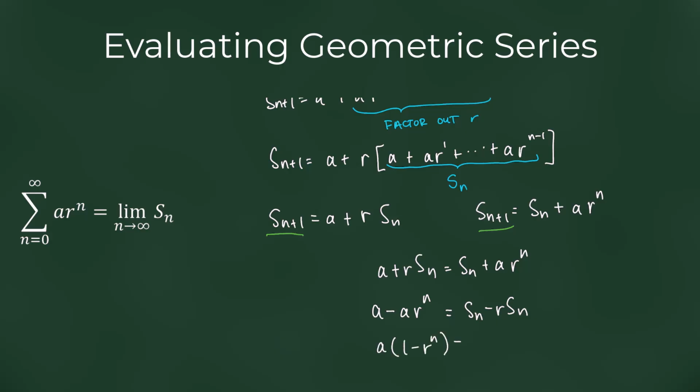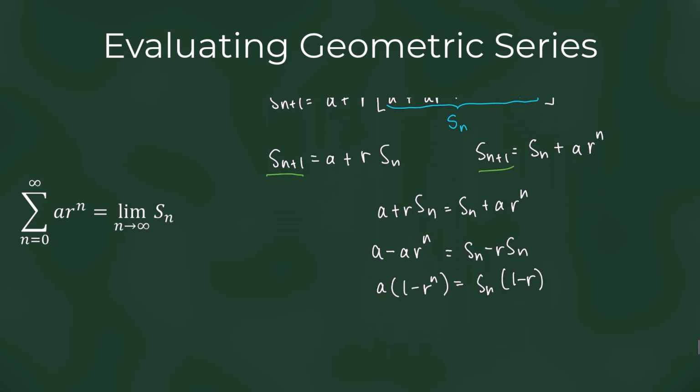On the right, I'm going to factor out an s sub n. We're going to solve this for s sub n by dividing both sides by 1 minus r. And so now we see that s sub n is equal to a times 1 minus r to the n over 1 minus r.